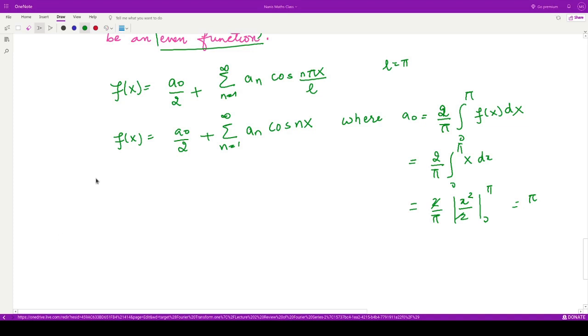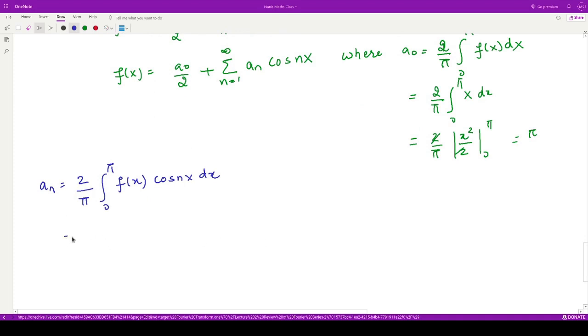Now next let us calculate a n. A n would be calculated using this formula: 2 upon pi integration from 0 to pi f of x into cos nx dx. Now your function here is x, so we would have 2 upon pi integration 0 to pi x into cos nx dx. We just have to operate by parts here to calculate this integration.